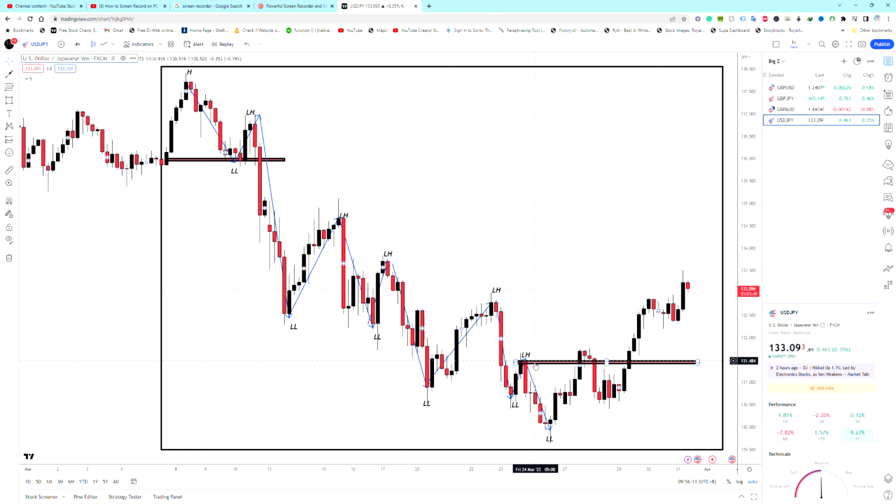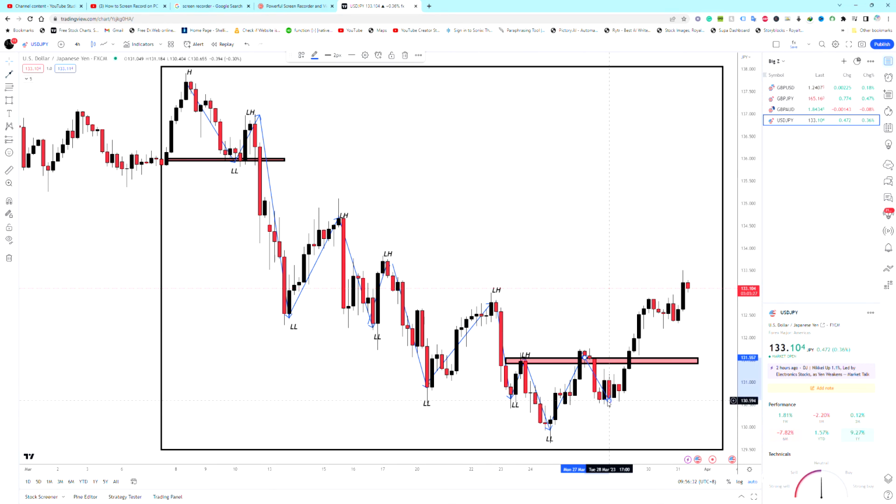So this becomes now a double top. It's not exactly a break of structure because the market did not go above the last lower high, but then we can start recognizing patterns. So for the downtrend to continue, this market would have to break this last lower low.